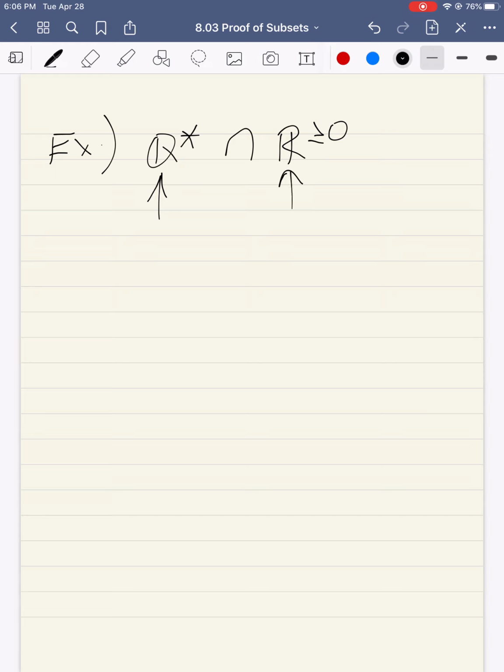So again, when I think of intersection, I know that we are trying to see what's in both sets. So we know that all of the rationals are in the whole set of the reals.